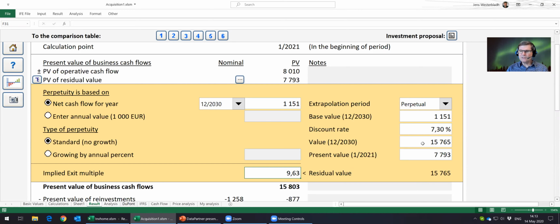So this implied exit multiple divides this calculated resale value of the company in 2030 with the last year's EBITDA, and tells us that it takes like a little less than 10 years for EBITDA to cover this cost. So it gives an indicator on if it's expensive or not. You can compare to other transactions, similar businesses.